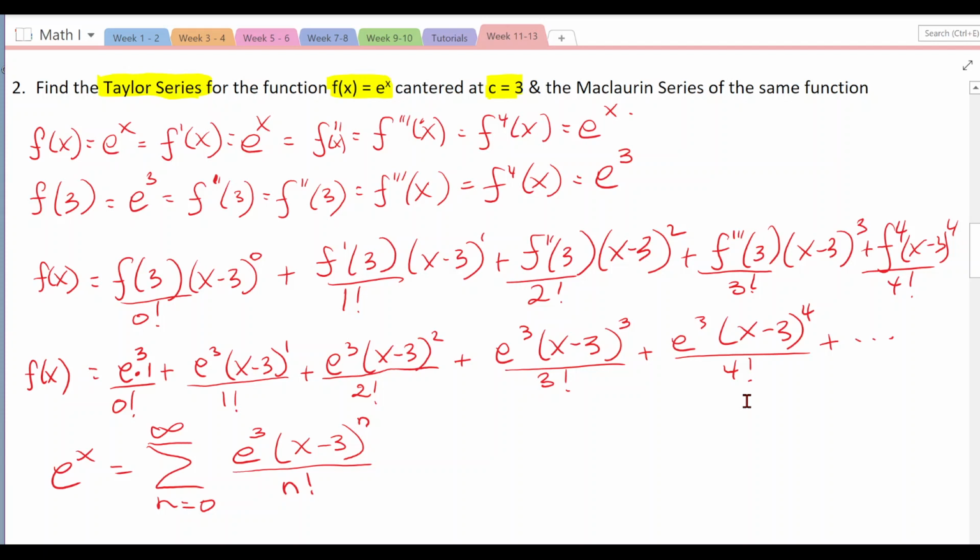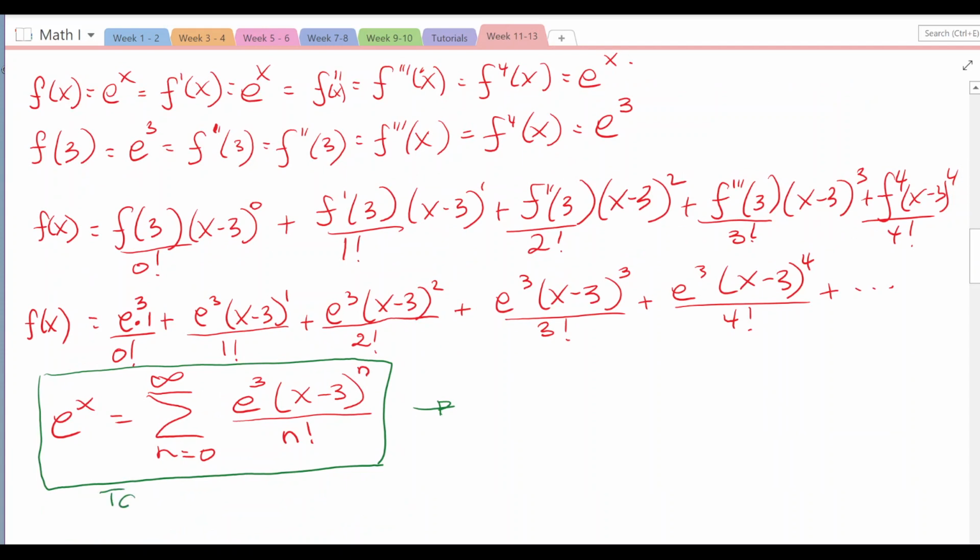So you can say this is the Taylor series expression of our function e to the power of x centered at 3, as you can see from the expression here.